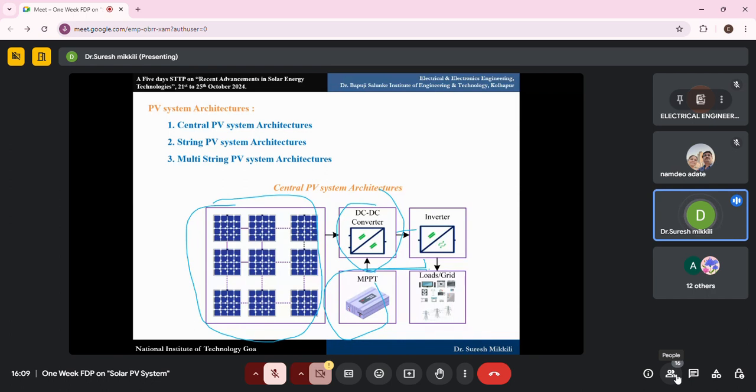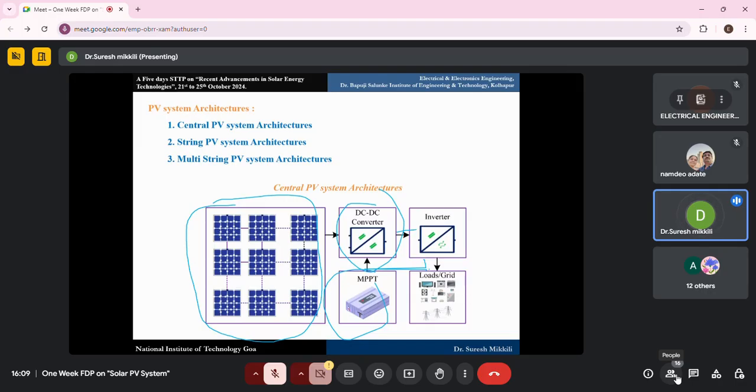Now if it is going from one small house to, say, a normal apartment with a 5-story building, no problem, we can consider one DC-DC converter.